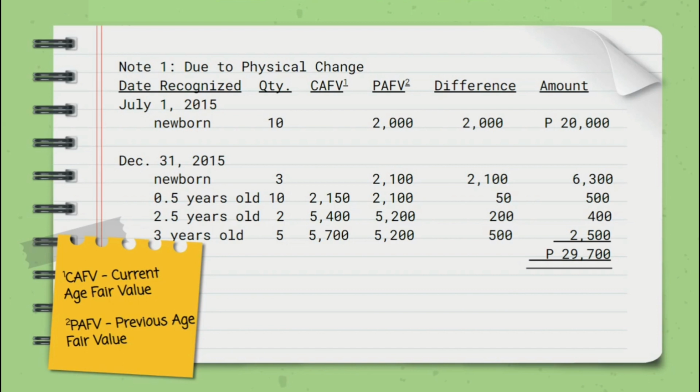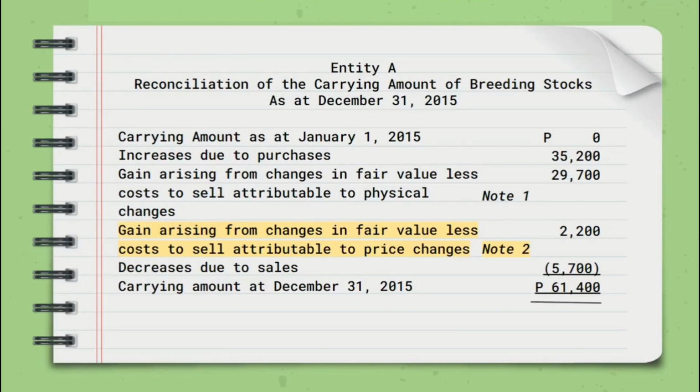And then we'll add up all the amounts in the amount column and it will give us the amount of 29,700 pesos, which will then end up in the gain arising from changes in fair value less cost to sell attributable to physical changes. Next is the gains arising from changes in fair value less cost to sell attributable to price changes, which gives us the amount of 2,200 and is computed this way.